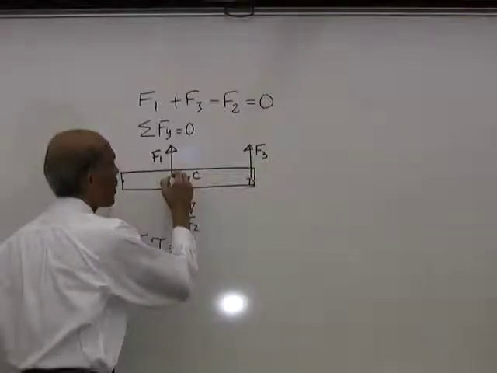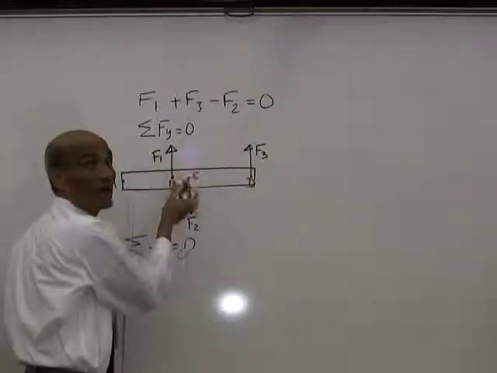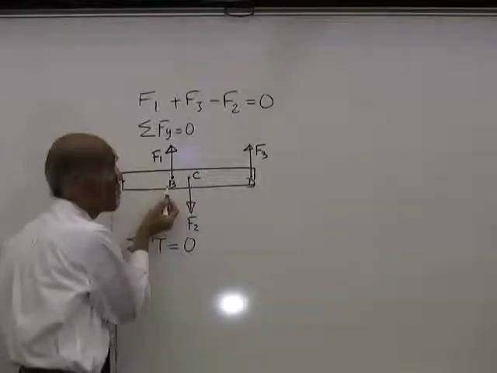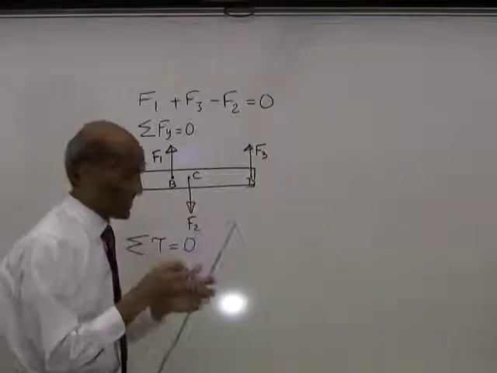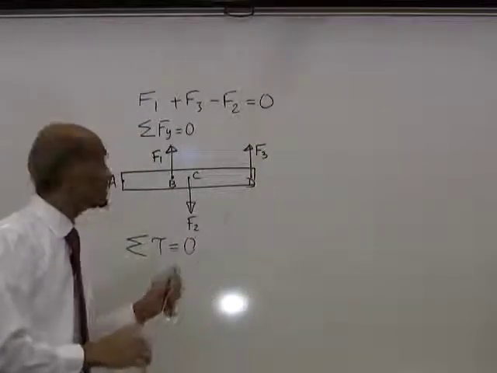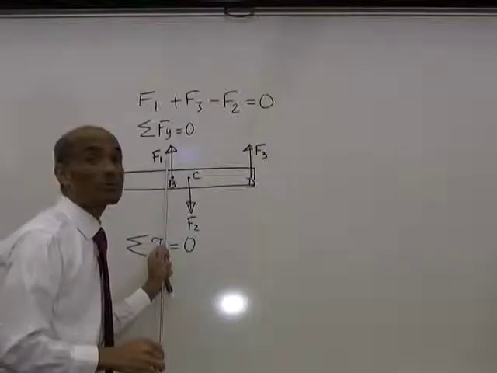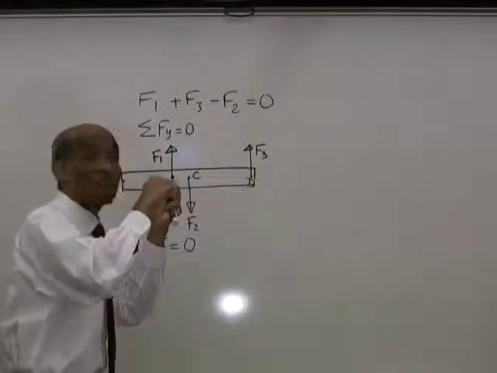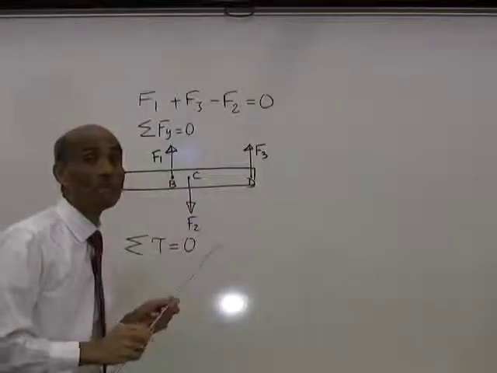What is the torque of F1 about an axis that passes through this point B? Did you understand the question? What is the torque produced by this force F1 about an axis that passes through the point B?